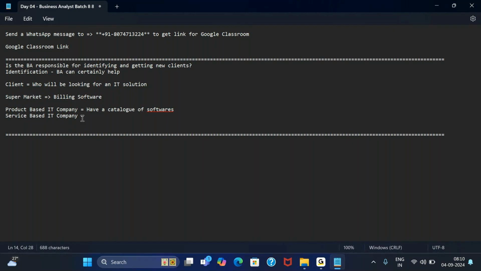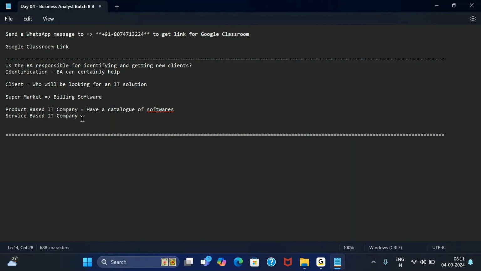Okay. So product based IT company and service based IT companies are like your clothes. In clothes, we have two options. Option one is, we can buy a ready made cloth. You go to any nearest store, any shopping mall, you enter into any shop, and then you buy ready made clothes which fit your size.